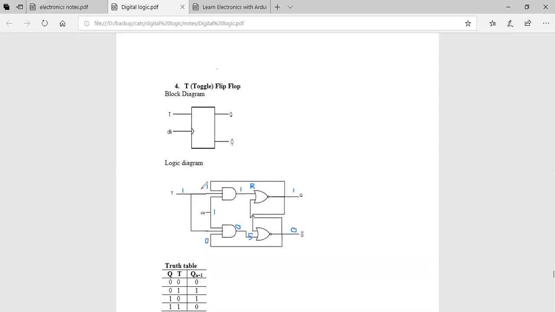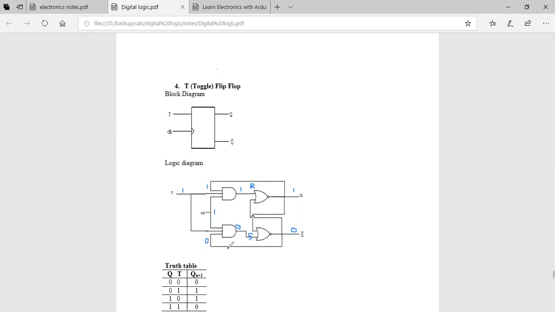No, it's actually 1 and 1 and 0. 0. Still remains 0. So R is 1, S is 0. When R is 1, reset. And if we reset, you can see we have a 0 at the output. And you can see the operation is quite similar to the one that we have just talked about.